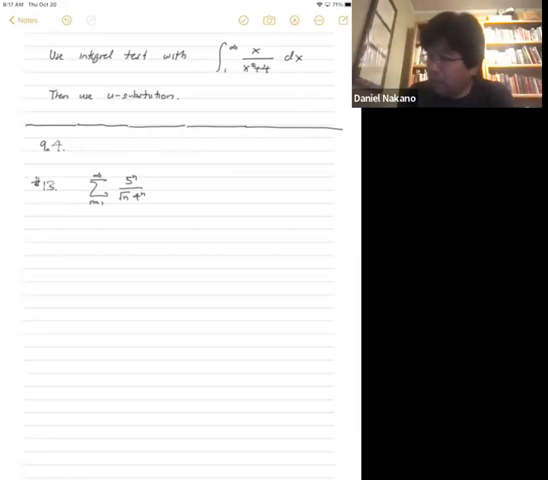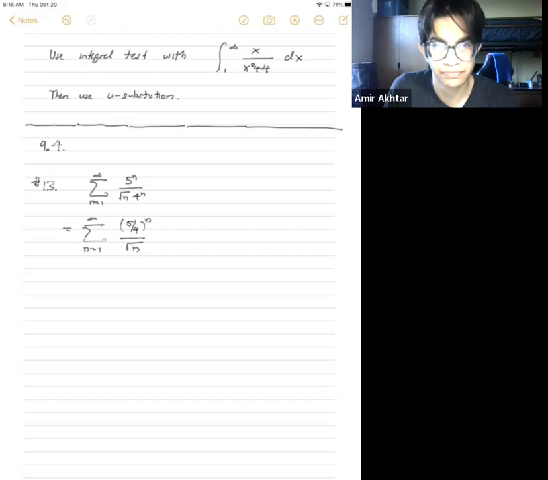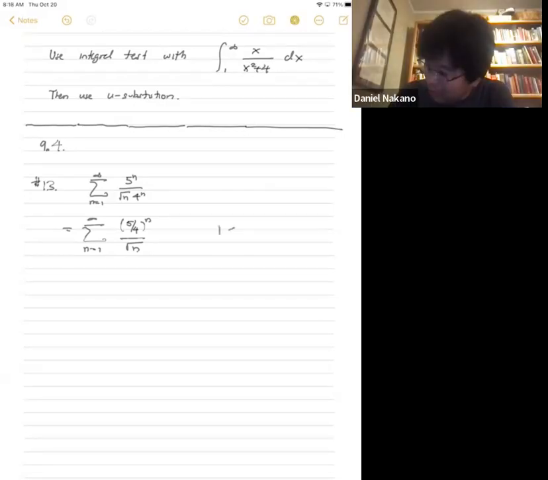If I really want to write this out, I can write it in the following way: n equals 1 to infinity of 5/4 to the n over the square root of n. I could bring the 5/4 up to the top. But notice that 1 is always bigger than 5/4 to the n.